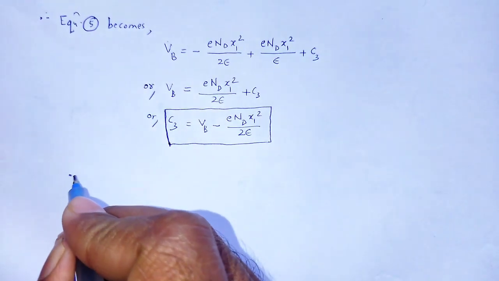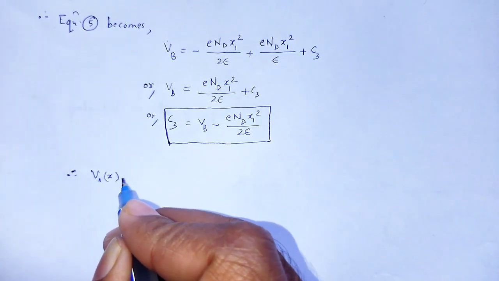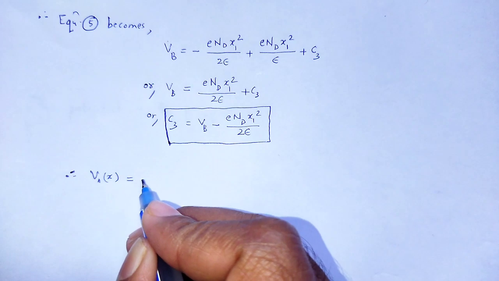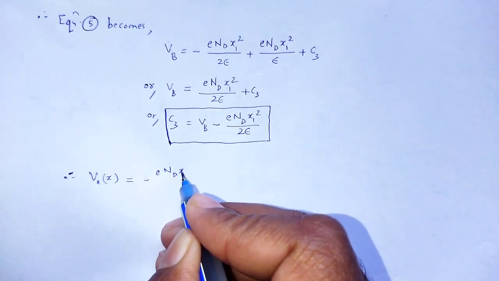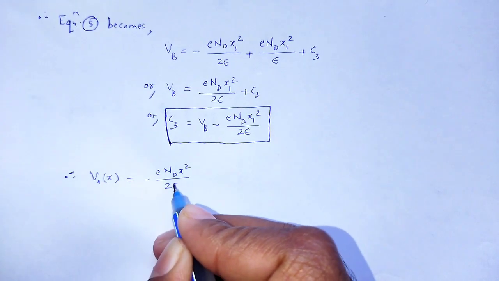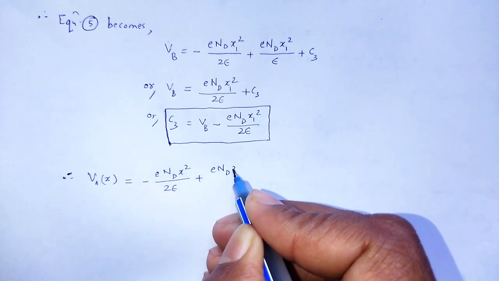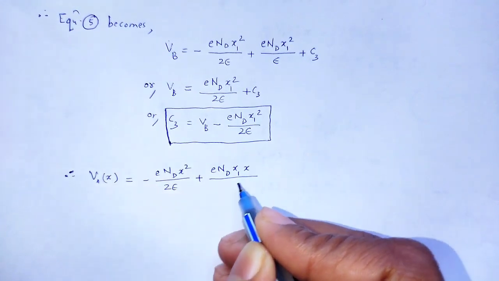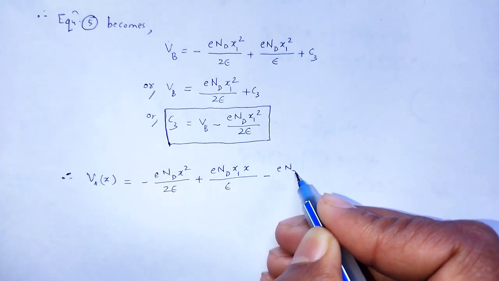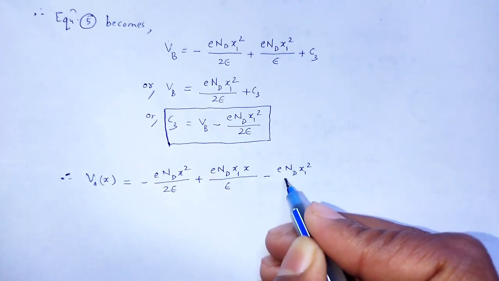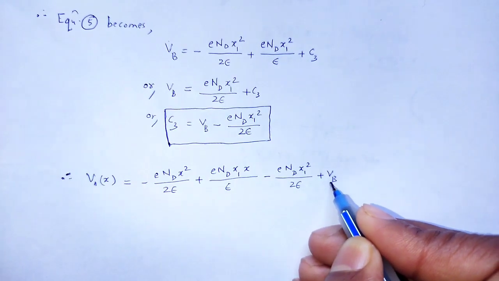Therefore, Vn of x is equal to minus E Nd x square divided by 2 epsilon plus E Nd x1 x divided by epsilon minus E Nd x1 square divided by 2 epsilon plus Vb.